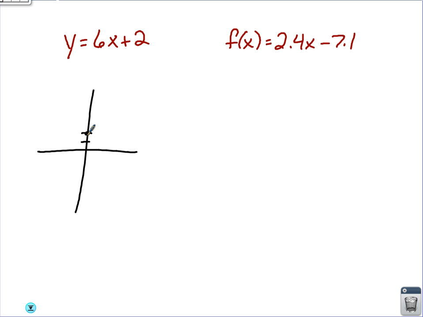And if it asks you for the point where it crosses, this point is actually the point 0, 2. Same thing with the second one, f of x equals 2.4x minus 7.1. I know that my graph is going to cross the y-axis at negative 7.1, which is the actual point 0, negative 7.1.